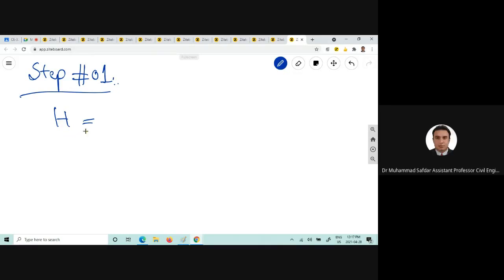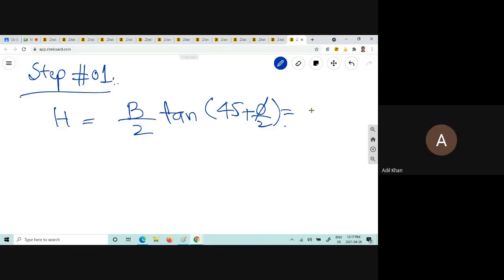Yes, sir. Okay, thank you. Now we need to use this equation. Okay. And what would be the value? Please give me the value for the height of the wedge. 1.25.